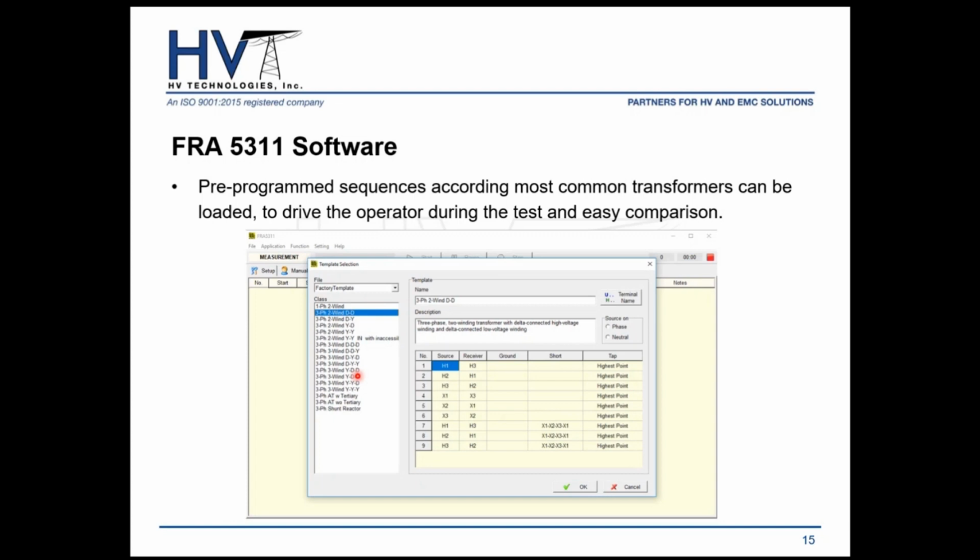So you choose your template, whether it's a three-phase, two-winding, delta-delta, or a three-phase, three-winding with delta Y delta. You choose your transformer configuration, and it'll give you, as you can see, the 9 sequences that are required by the standard. You hit OK, and then you can start your measurements.